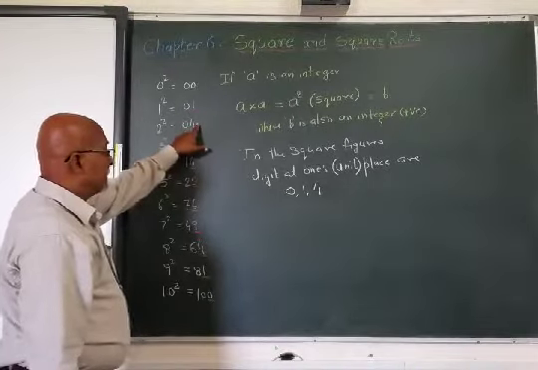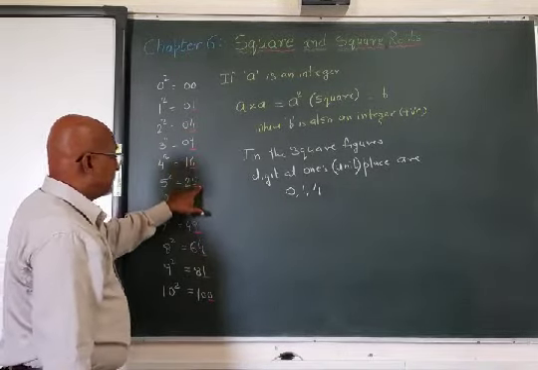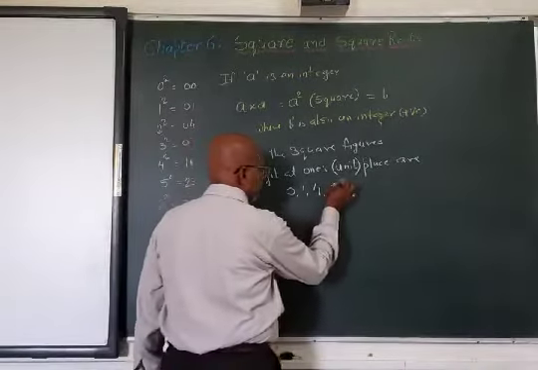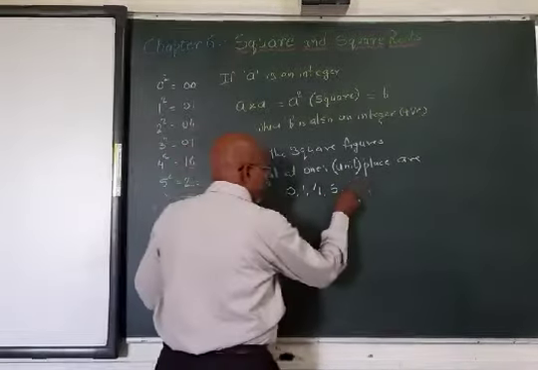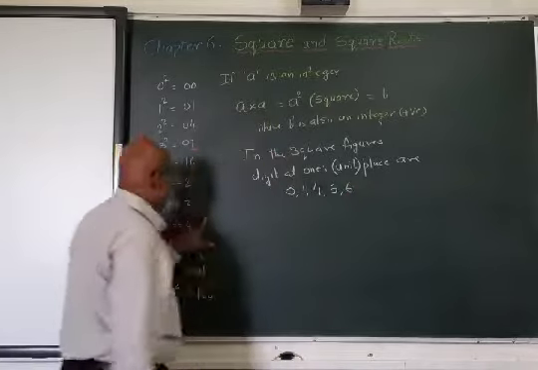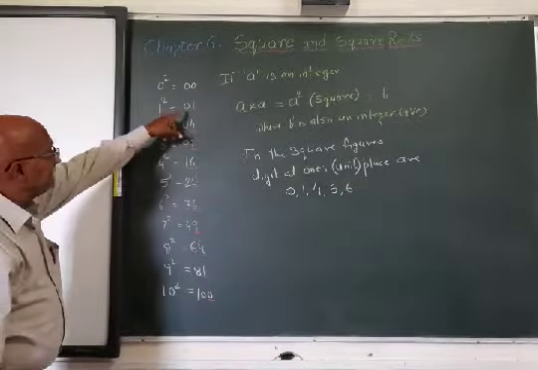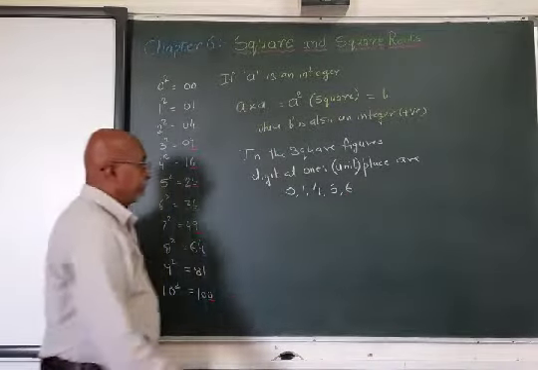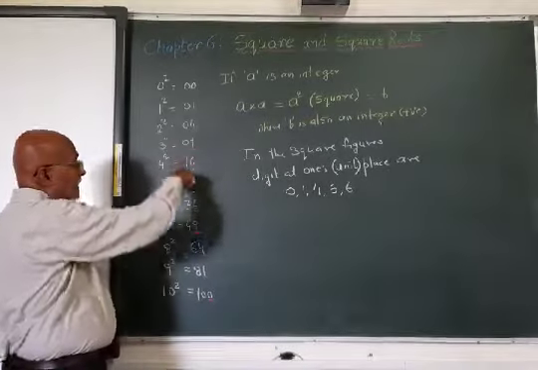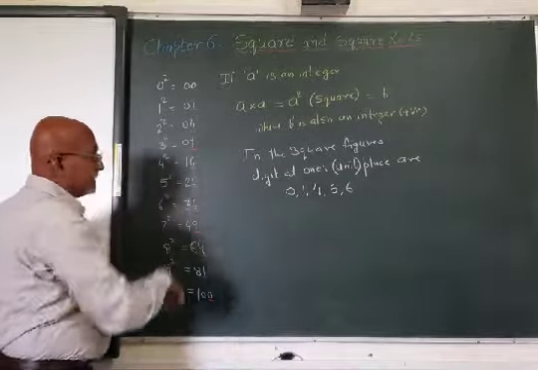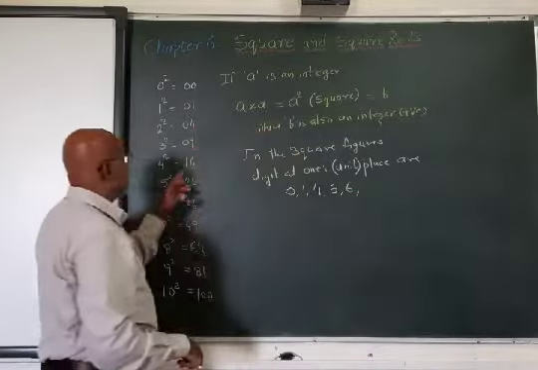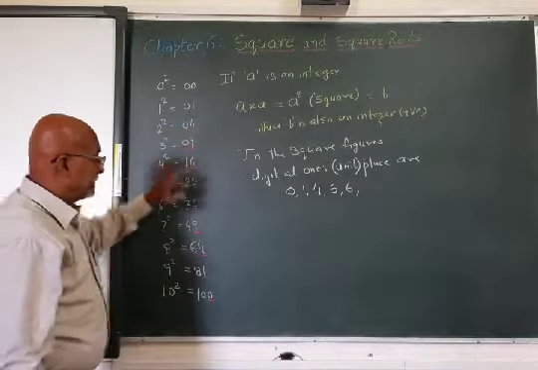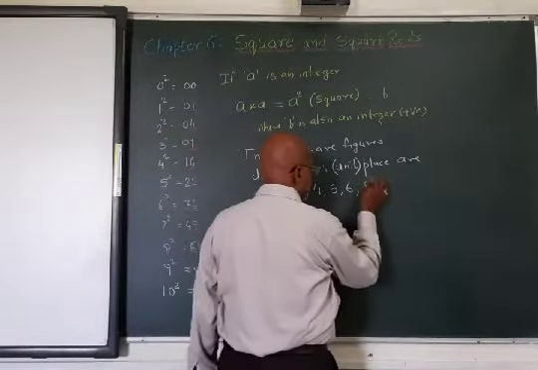Then 5 also we have. 6 we have. 7, do we have 7 any place? No. Do we have 8? Still the answer is no. And finally 9. So 9 also we can have.